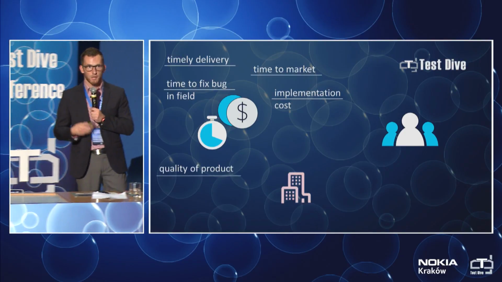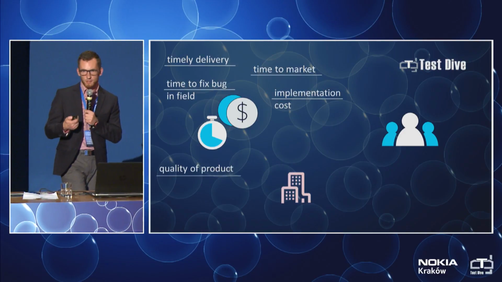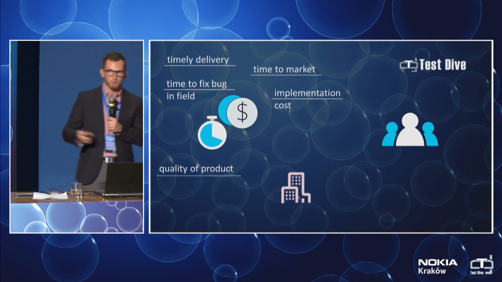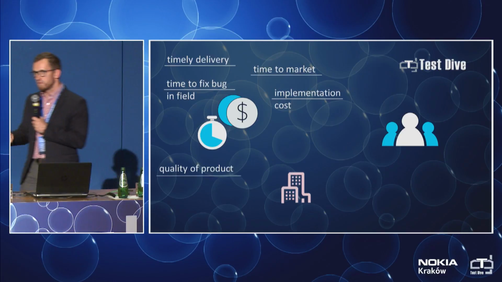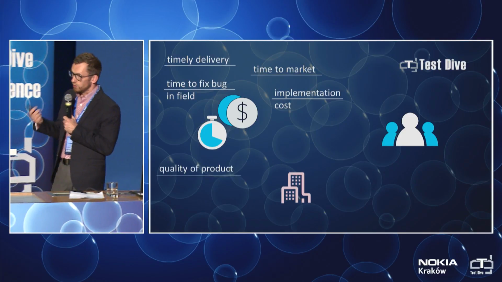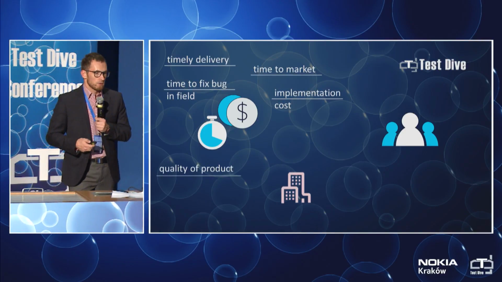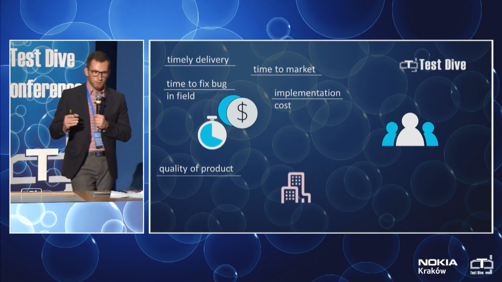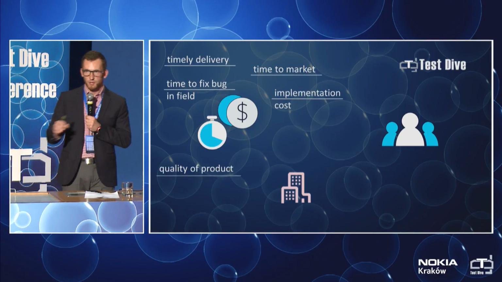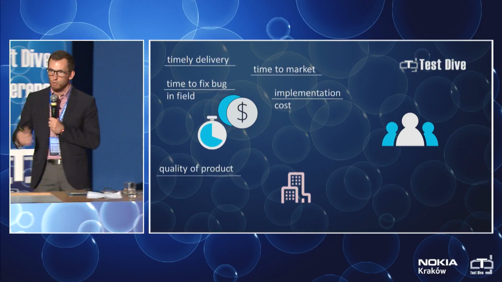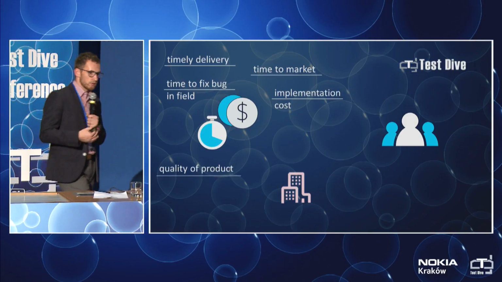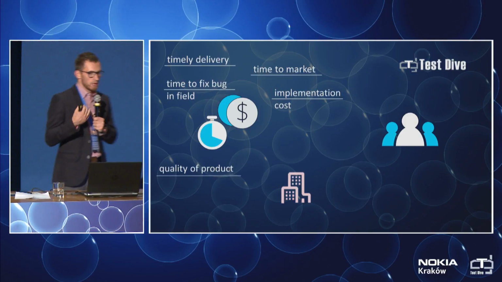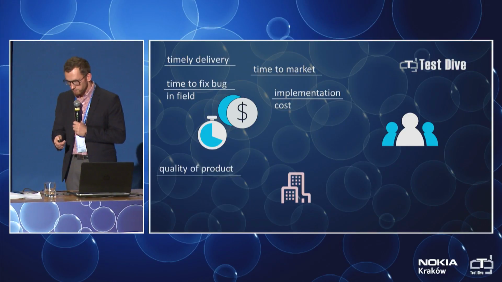How fast can you deliver to the market? Can you release in weekly cycles the so-called MVPs, minimum viable products, right? This is the balance between the cost of implementation and the quality of your product. All of those questions relate to money and time.